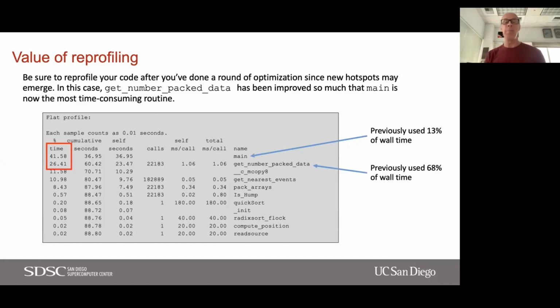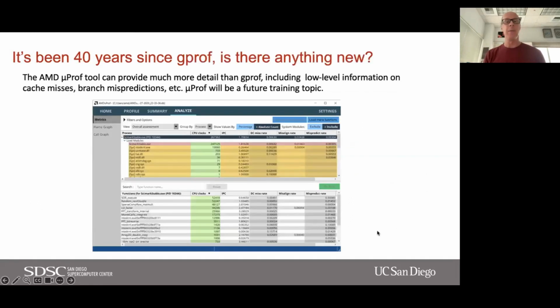But now function main accounts for 41%. So it's not that main got any slower. It's just that get number pack data got so much faster that main now proportionally accounts for a larger amount of time. So definitely you want to profile. If you're going to optimize your code, you want to go back and reprofile.